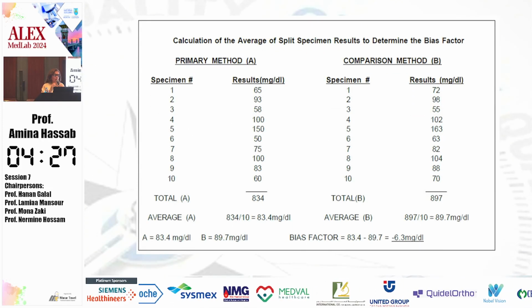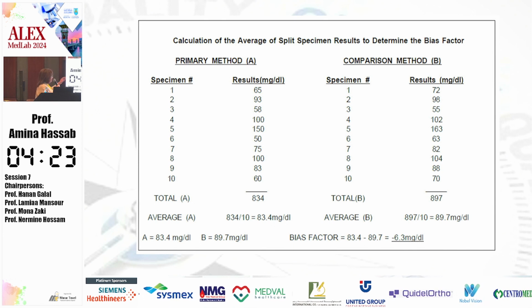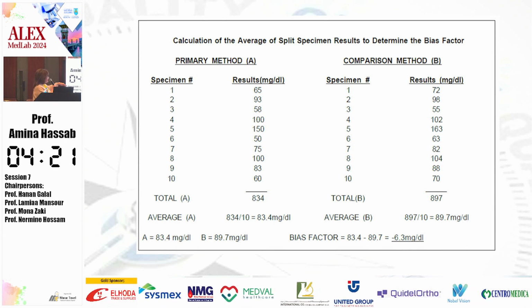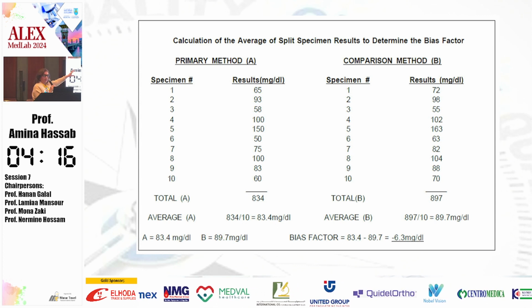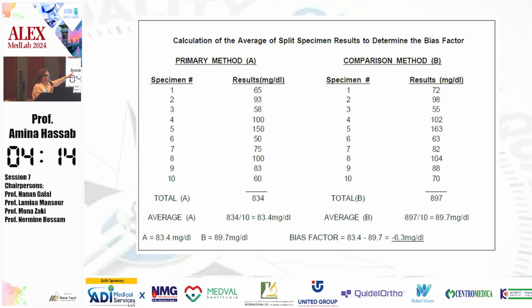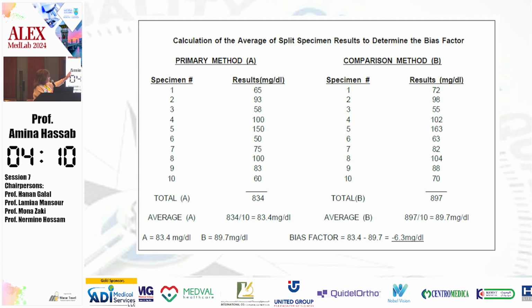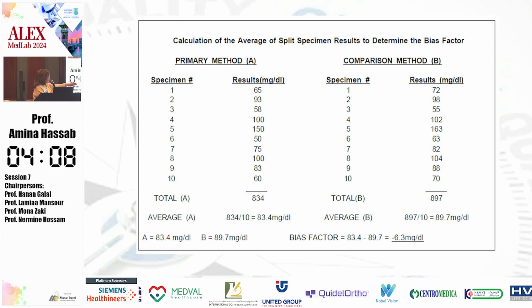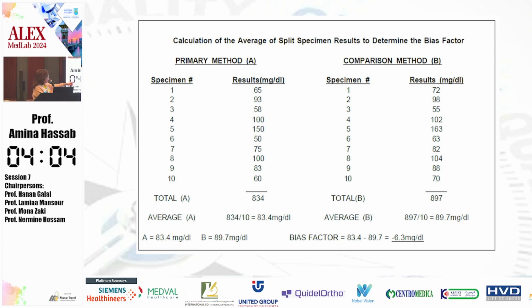How are we going to calculate the bias between both labs? We will take a number of specimens and get the results using lab A's instrument. We run them on the analyzer. We get the mean of the results of the 10 samples.